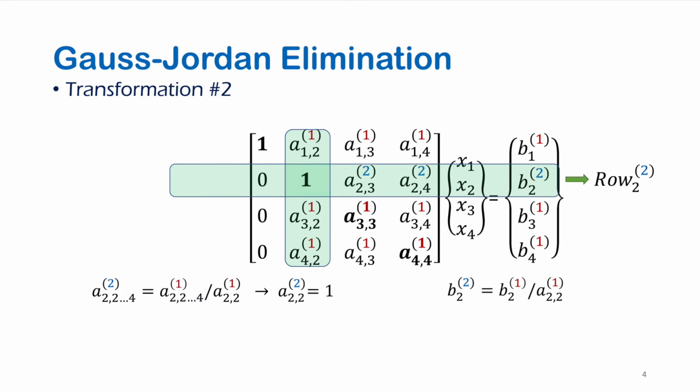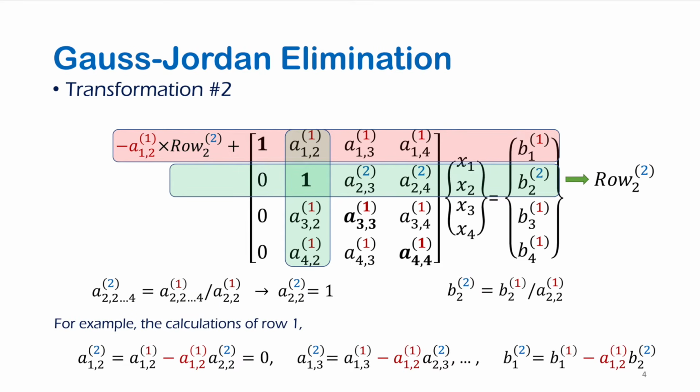Now, to transform row 1, we multiply the entire pivot row by the value of the element A12, then we subtract it from row 1. This can be written in the following equations.